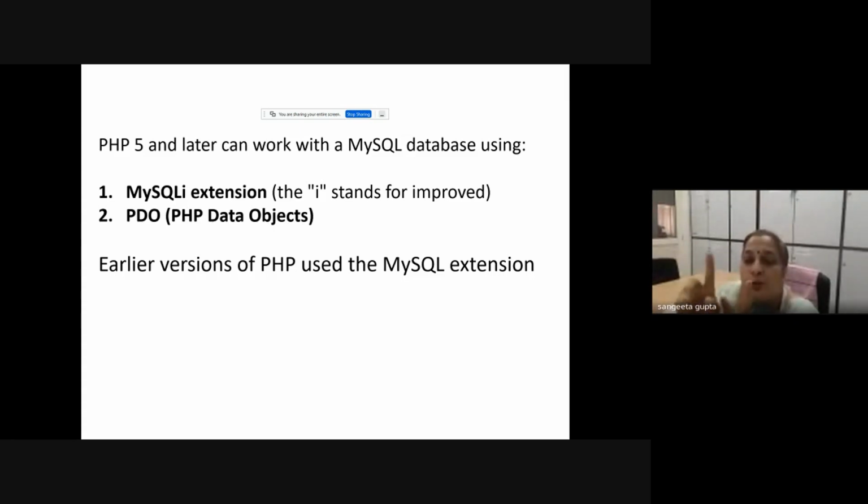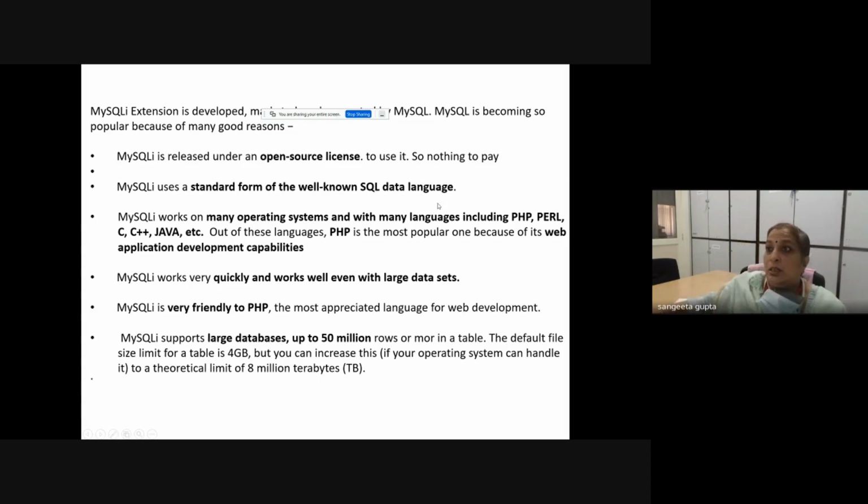MySQLi आपको two forms में मिलेगा, one is procedural and the other is an object oriented form. That's why I was telling you that it is in three forms. One is the MySQLi extension object oriented, the MySQLi procedural API, and third is your PDO, which is totally object oriented. So MySQL is released open source. ये सब आपका general सा है.